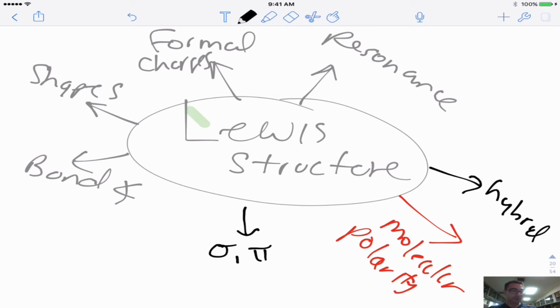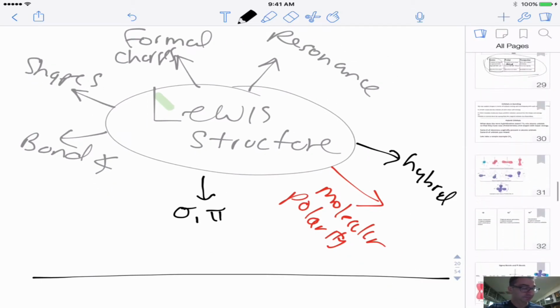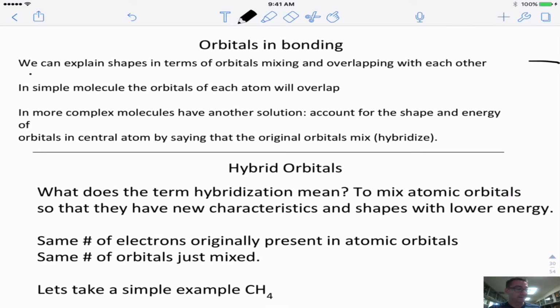So let's get to it. So if I just skip ahead here to the hybridization part. So when elements bond and they form a compound, there's some changes that take place. We know that bonds are broken, and we know that new bonds are formed. But there's also some changes to the orbitals.